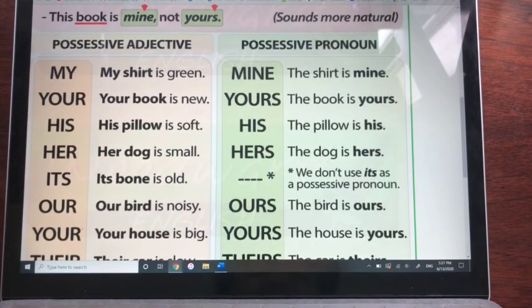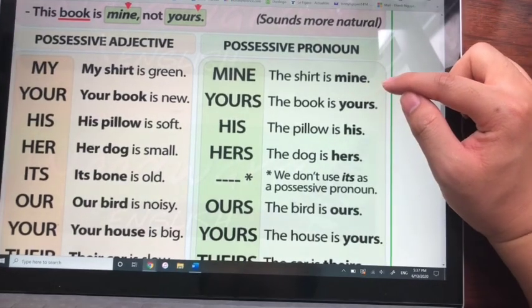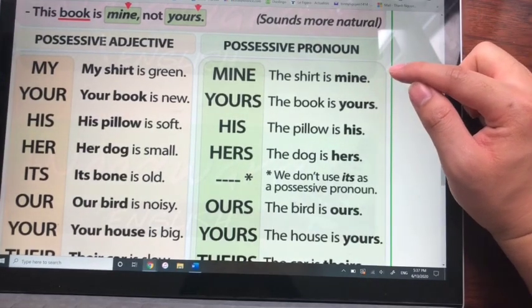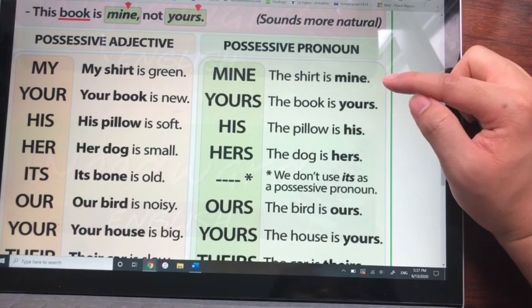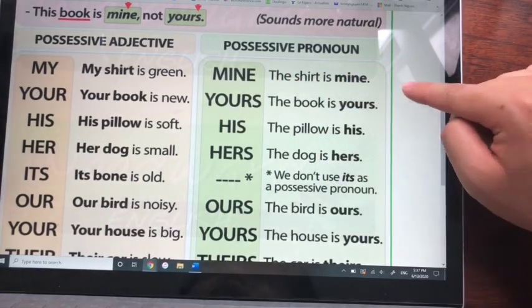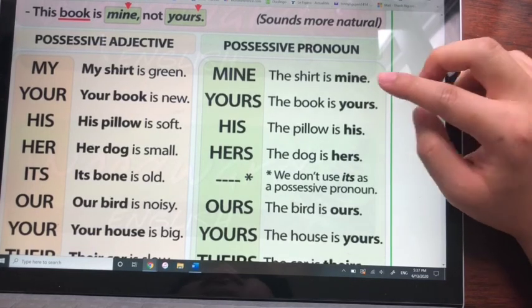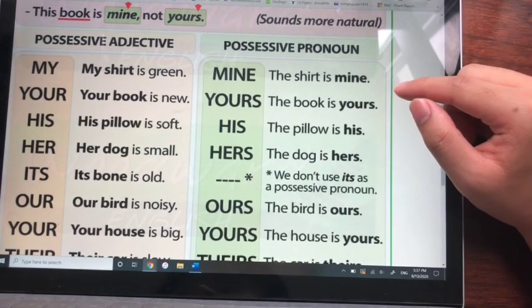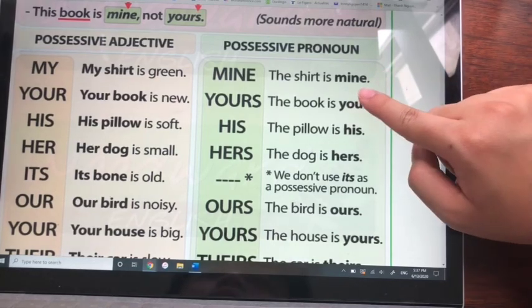Okay. Now, the possessive pronouns. Mine. The shirt is mine. This sentence is saying that I own the shirt. The long way to say the sentence is, the shirt is my shirt. But then in the sentence, we say shirt 2 times. Because we say my shirt, we can change my shirt to mine.